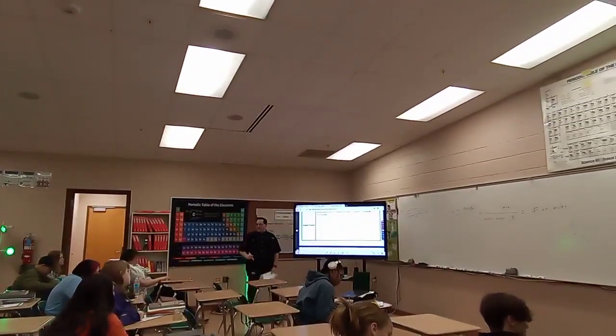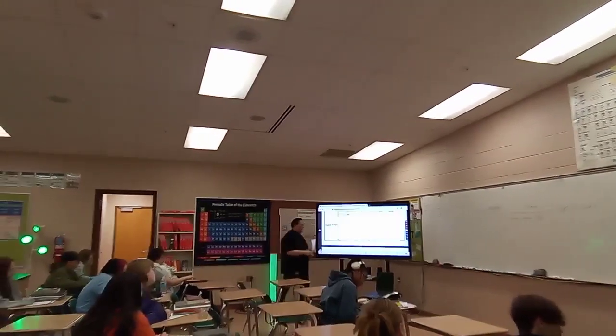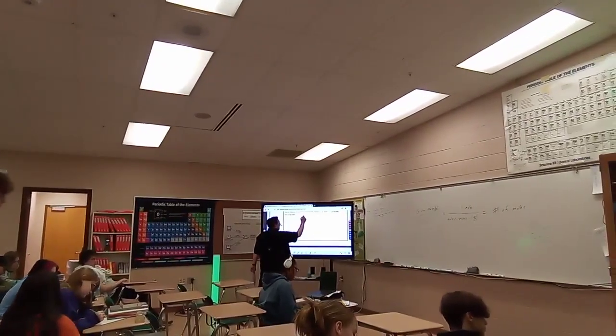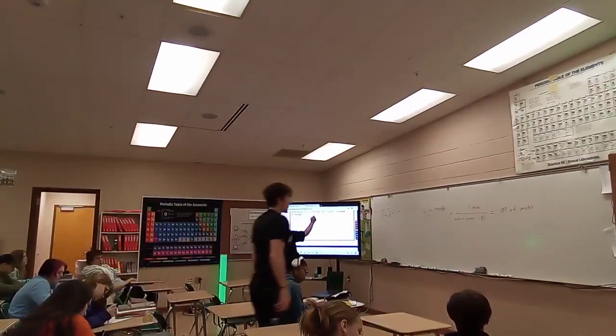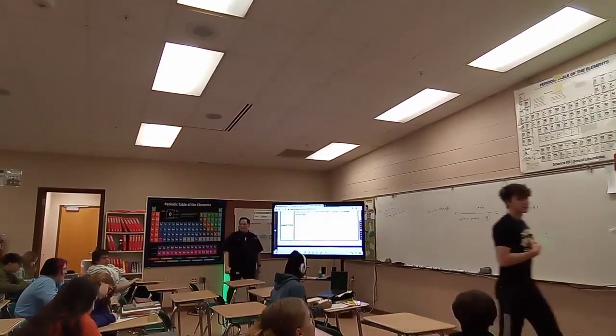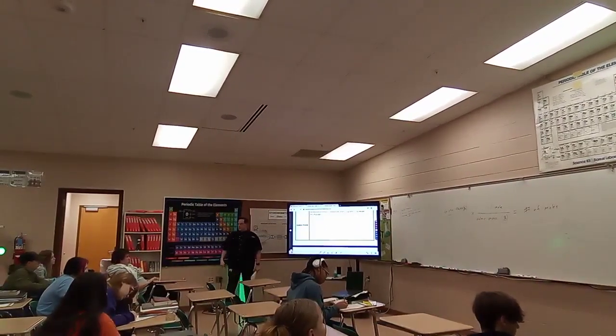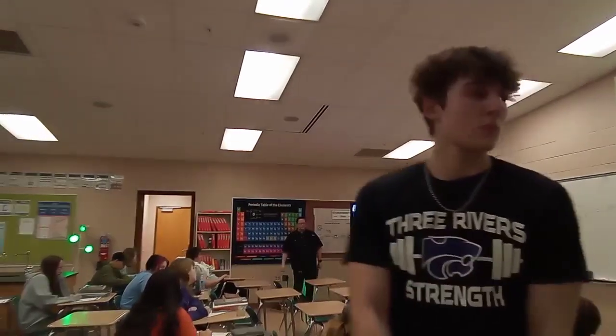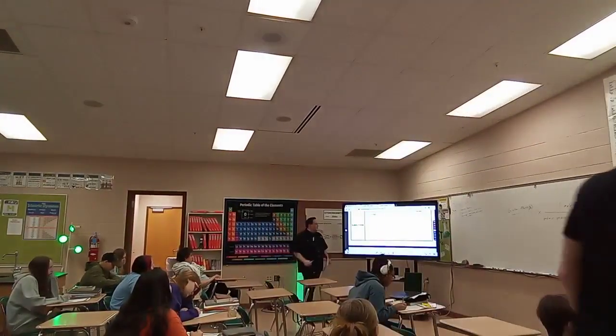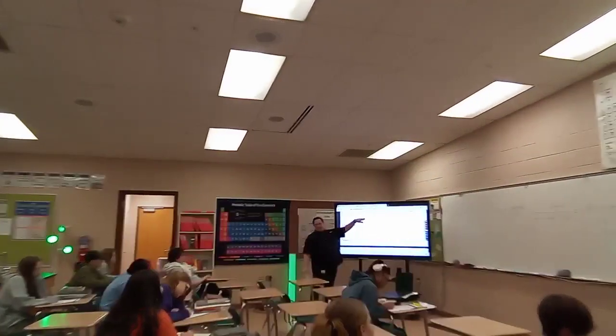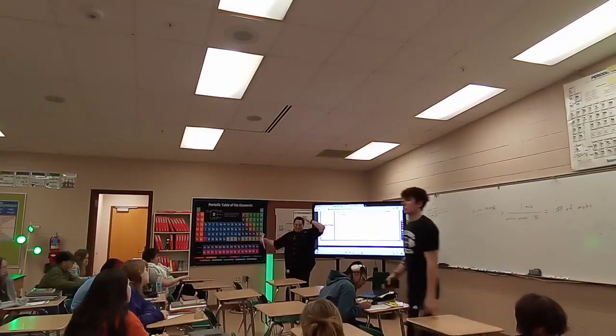Does that make sense? And when I do that math, I'm going to come up with 0.14 moles of carbon. Very small number, right? Where'd you get the 12 grams from? That's the molar mass of carbon up on the periodic table.